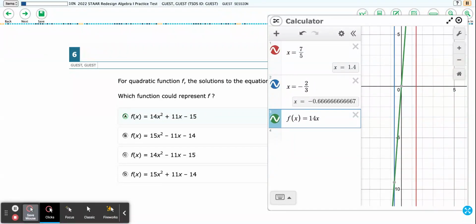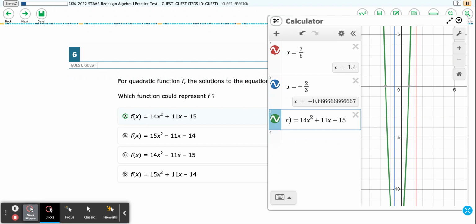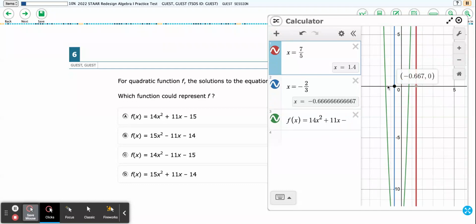And the shortcut for squared is shift 6, and then I put a 2. Okay, arrow over, plus 11x minus 15. And you'll notice that's the green line, but it does not share an x-intercept with my red and my blue. So this is not going to be my answer. It crosses at two different places.